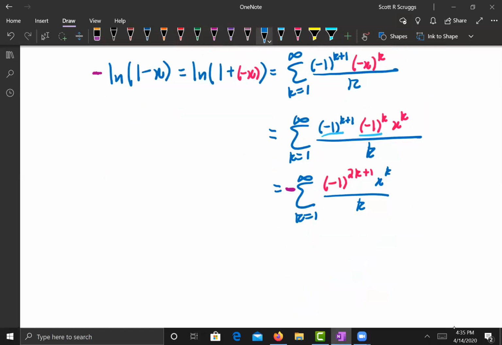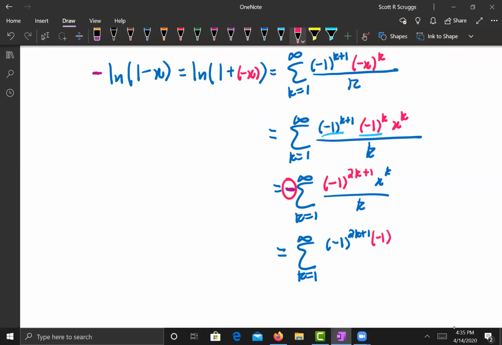And then once I move that -1 power inside the series, I'll have the sum k equals 1 to infinity of -1 to the 2k plus 1 from before, times another -1 from me moving that negative sign inside my series, times x to the k power over k.